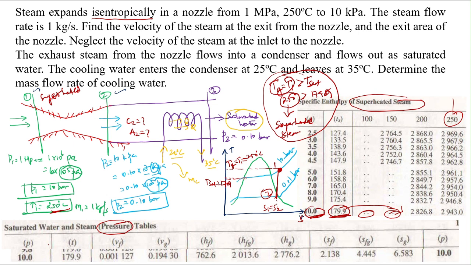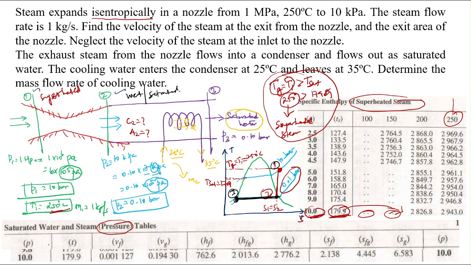The steam is expanded up to 0.1 bar. After that the steam is cooled to saturated state. This is point number 3. So we have points 1, 2, 3.